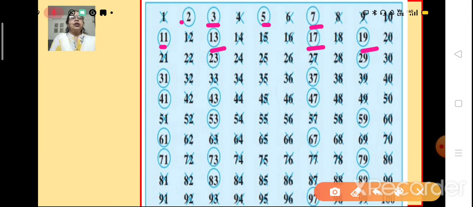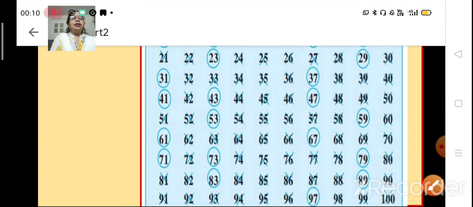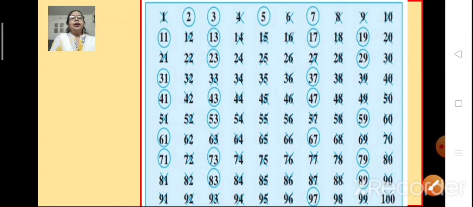The crossed out numbers like 4, 6, 8, 9, 12, 14, 15 and all these crossed numbers are composite numbers. So with this method we can easily remember the prime numbers between 1 and 100.